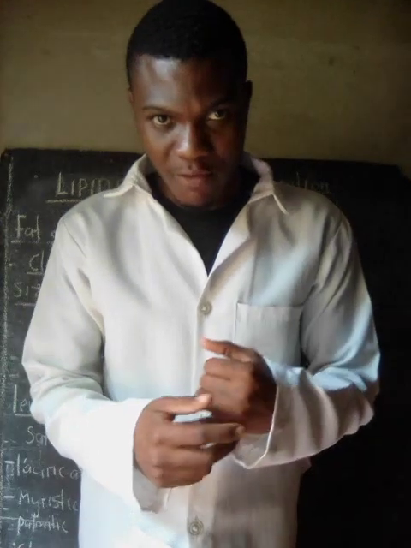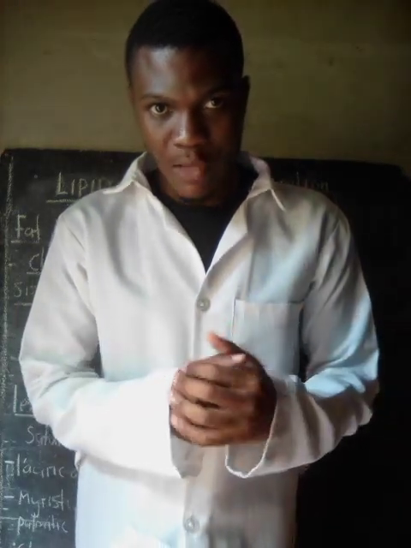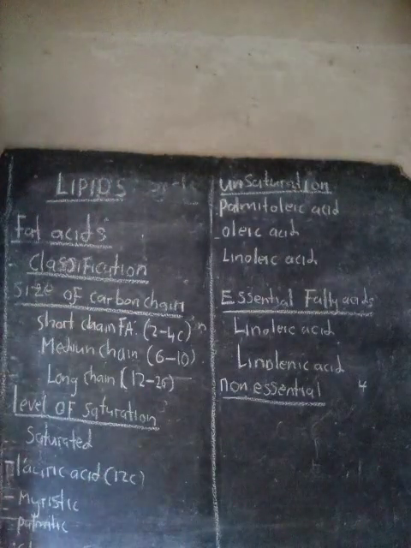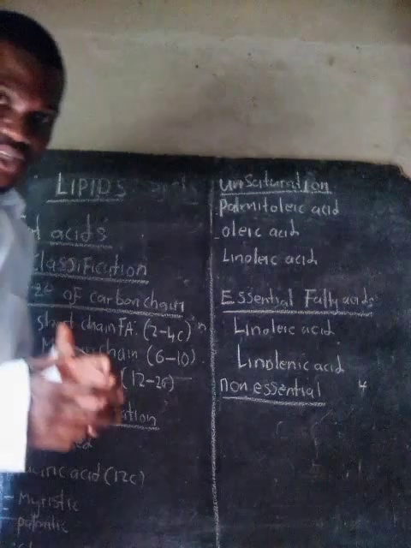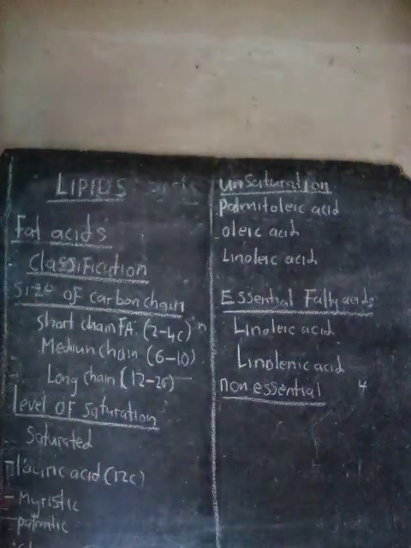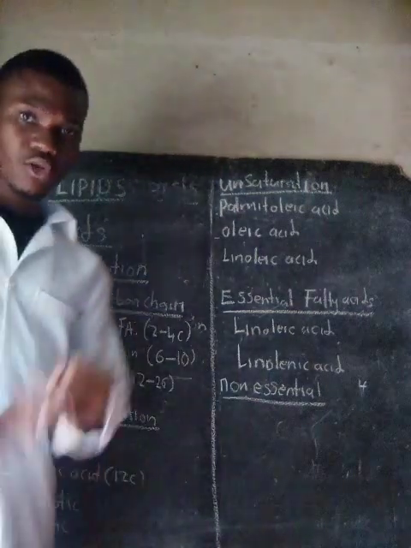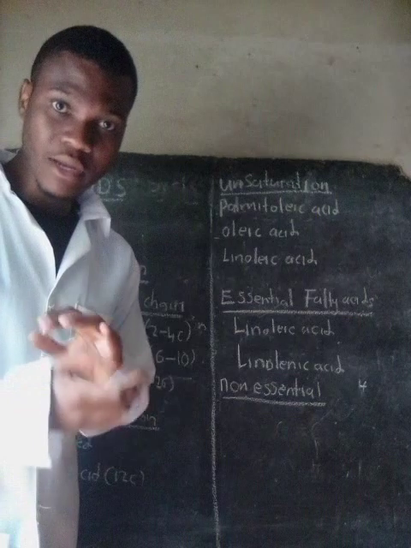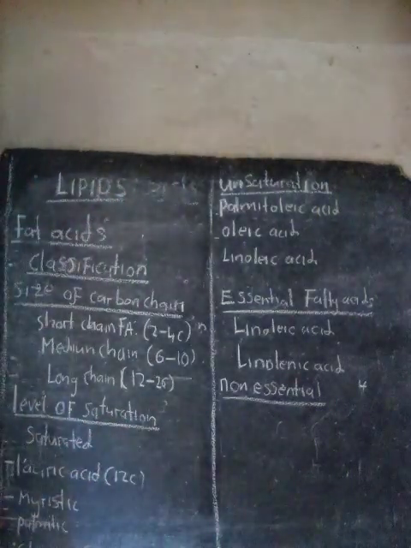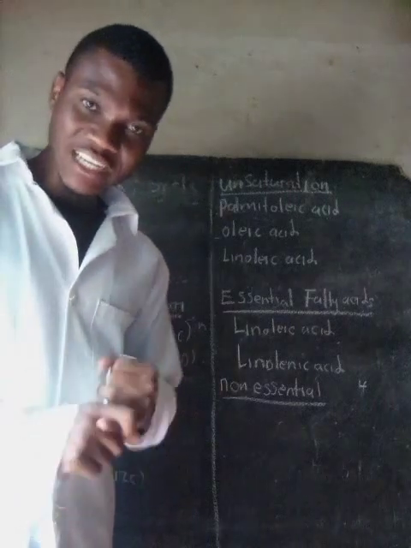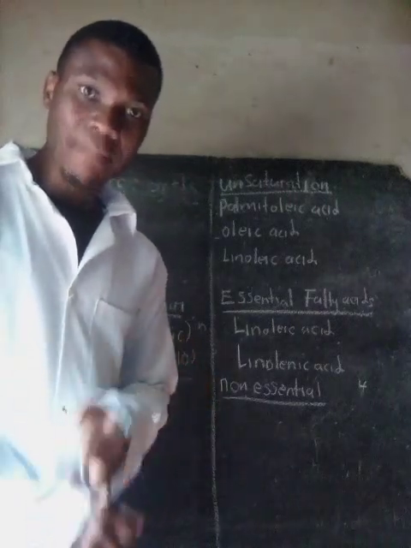So let us look at some examples of these fatty acids that are saturated. We have what we call lauric acid, which contains 12 carbon atoms. Then we also have what we call myristic, which contains 14 carbon atoms. Then we also have palmitic, which is also a saturated fatty acid that contains 16 carbon atoms.